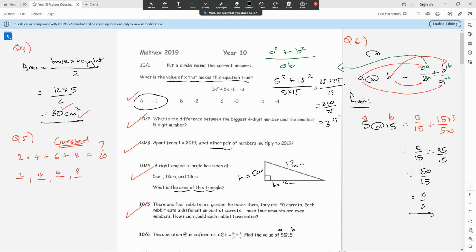The remainder would be 15 over 75. And 15 can go into 75 how many times? 15 goes into itself once, goes into 60 4 times, goes into 75 5 times. Am I even getting there? 15 doesn't look right. Do you think this answer is correct? 10 over 3.